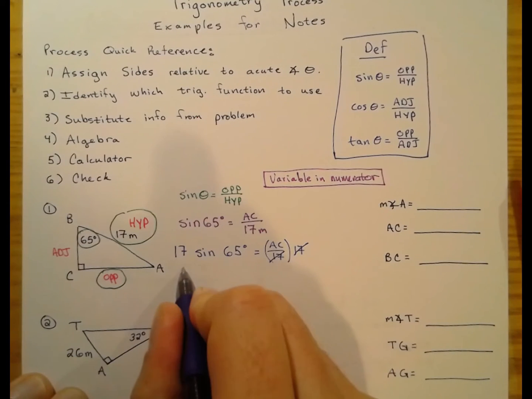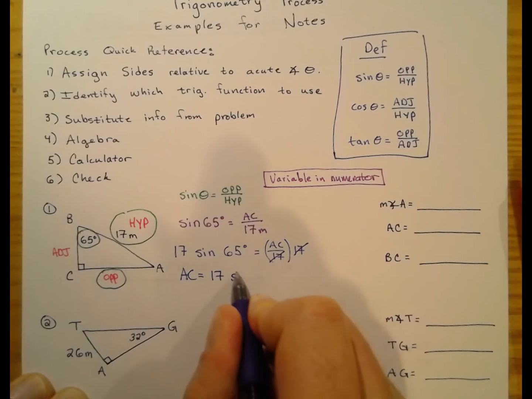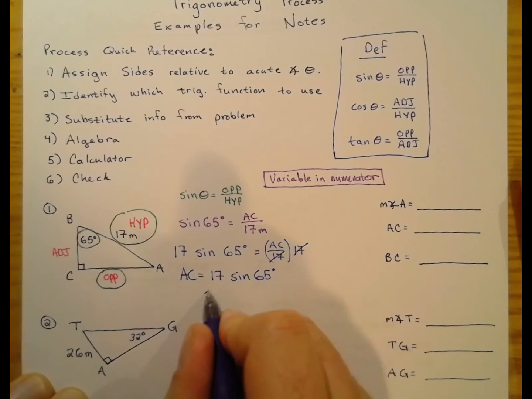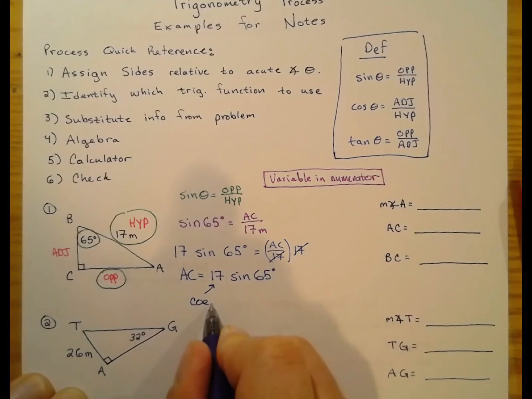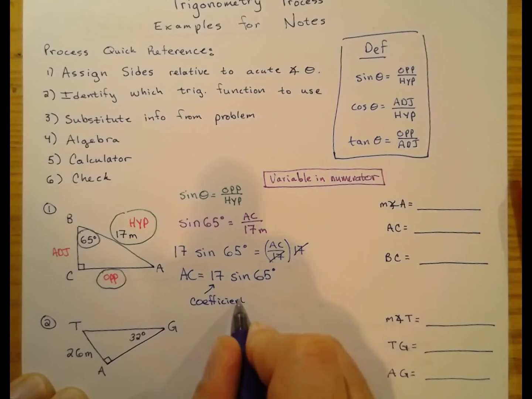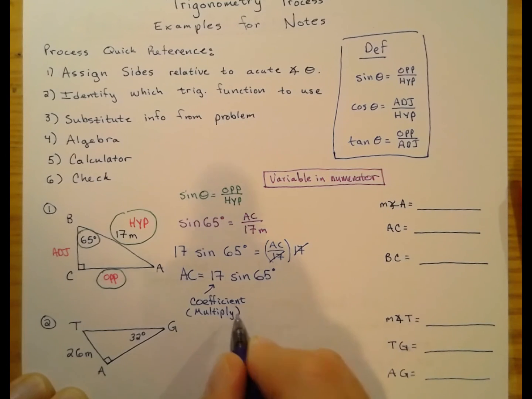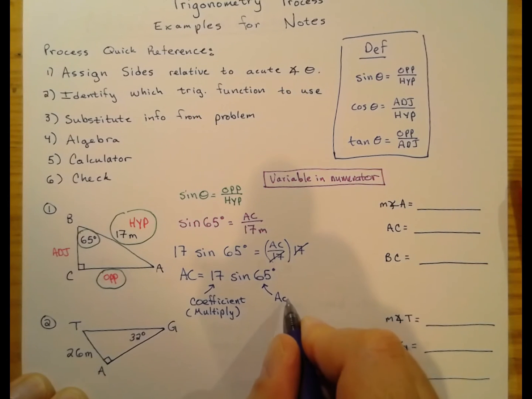So we get AC is equal to 17 times the sine of 65 degrees. A quick reminder, a number in front of a trig function is like a coefficient. It means multiply. And the number after the trig function is some acute angle.